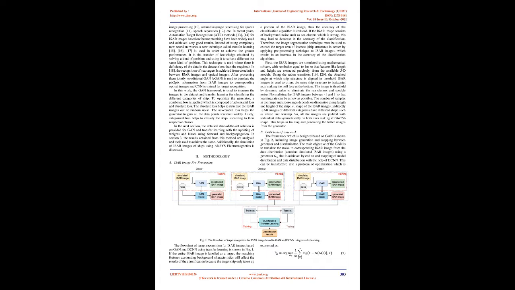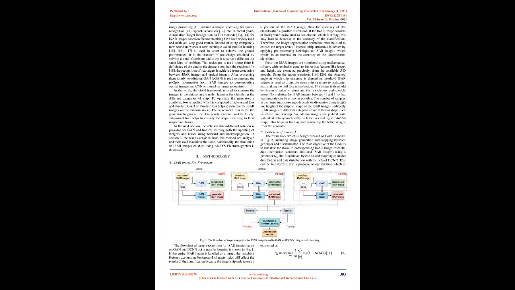2. Methodology. A. ISAR image pre-processing. The flowchart of target recognition for ISAR images based on GAN and DCNN using transfer learning is shown in Fig. 1. If the entire ISAR image is labeled as a target, the matching features accounting background characteristics will affect the results of the classification, because the target SHIP only takes up a portion of the ISAR image, thus the accuracy of the classification algorithm is reduced.